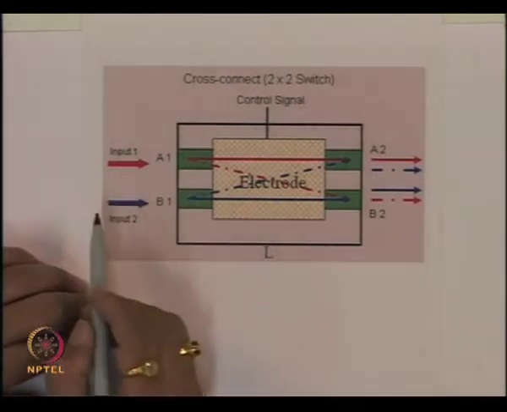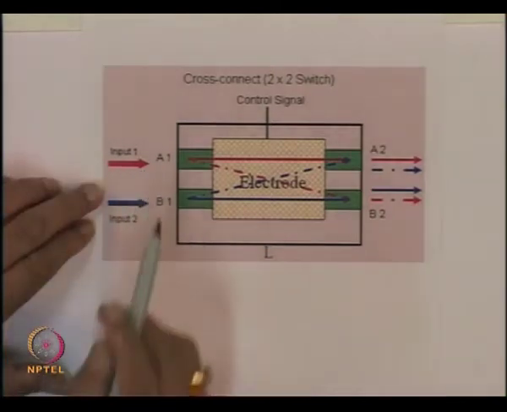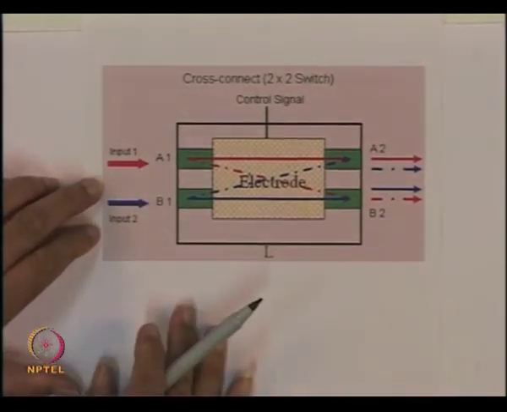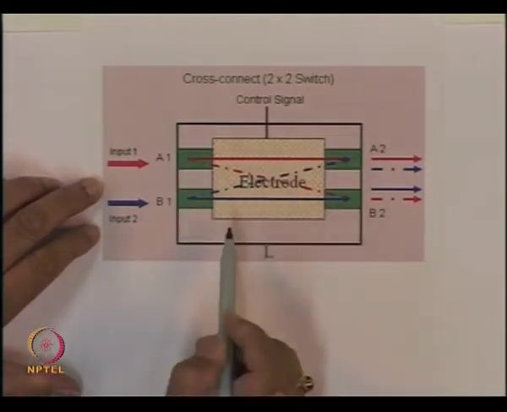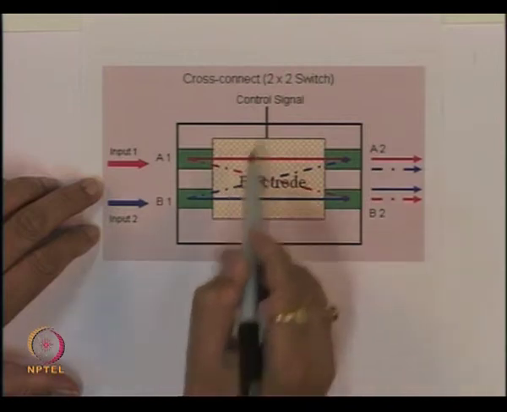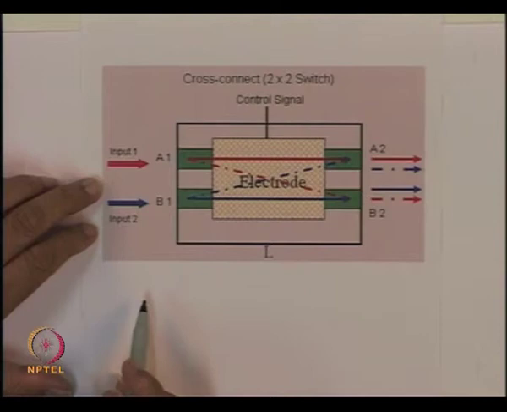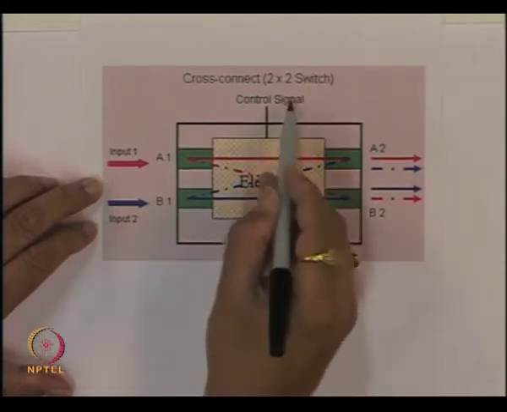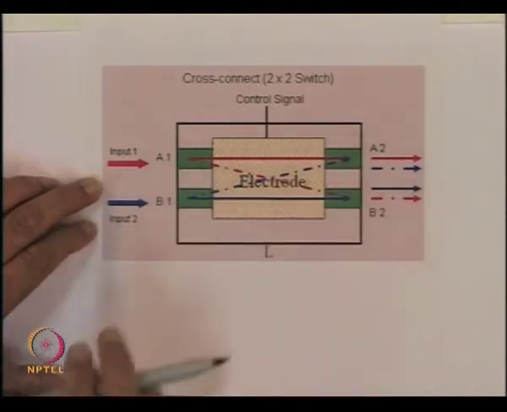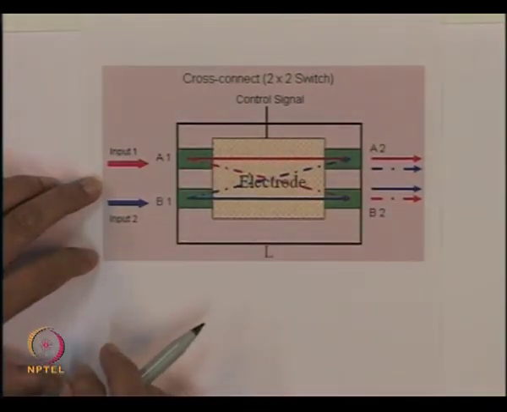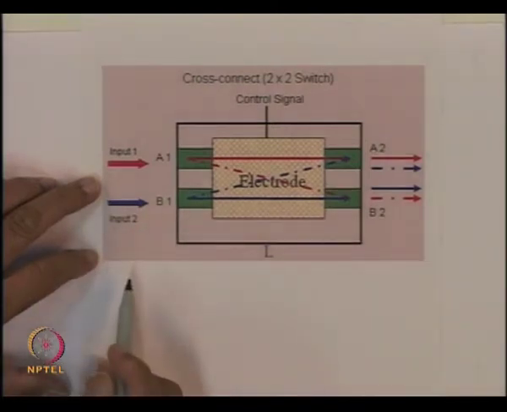Again, the idea is the same. This is the input which you are giving here, the red input. Now, if the control signal is such that this gets connected to this, and when the control signal is not applied, this will get connected straight to this. So, by changing the control signal, I can connect to this port or this port. That was what we saw for multiplexing. But at the same time, suppose I have another input which is connected to this port.